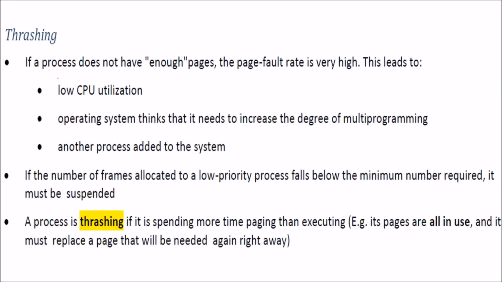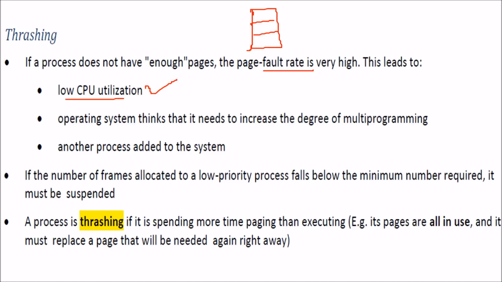Then we have thrashing. What is thrashing? If a process does not have enough pages, there will be page faults. The page fault rate will be quite high, and the process will be spending more of its time swapping out and handling page faults.